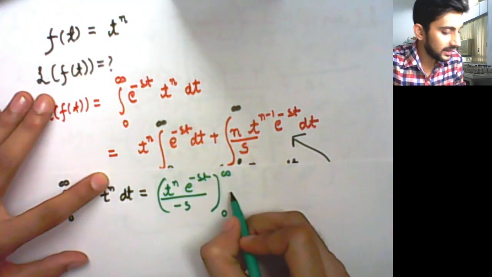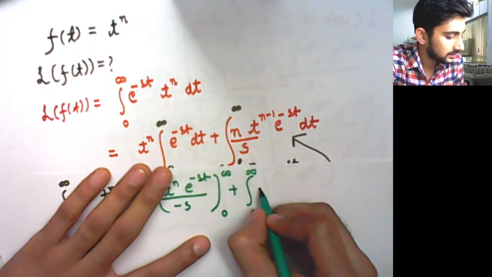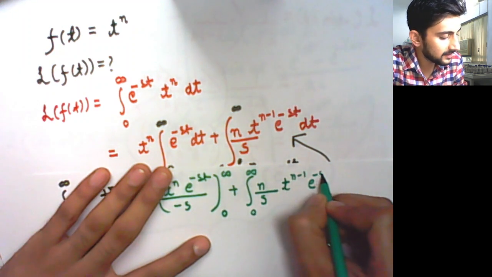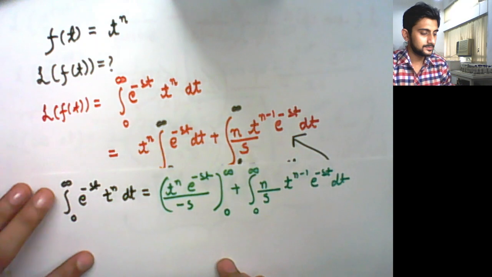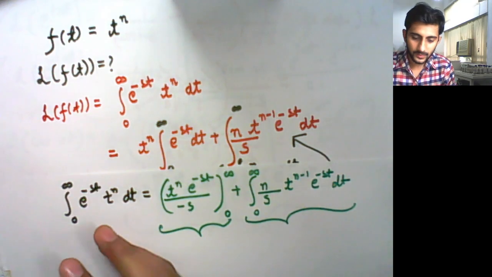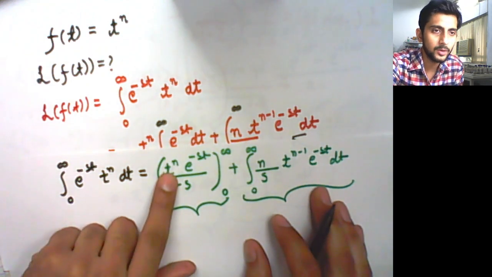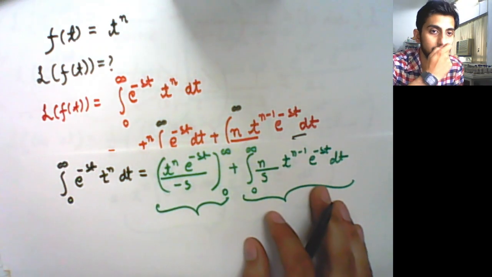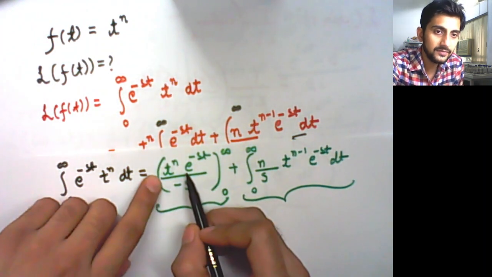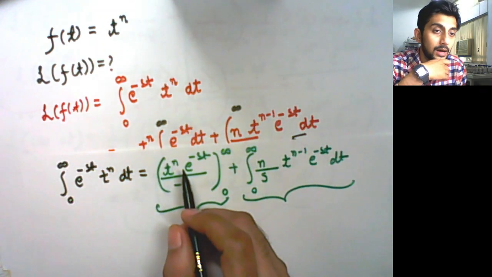Then you have this particular thing, which is from 0 to infinity n upon s t raised to the power n minus 1 e raised to the power minus st dt. So we have two things to solve, what happens to this and what happens to this. Let us first solve what happens at t equals 0. At 0 there is no problem, it will be 0. But what happens at t equals infinity? There is a minus infinity which will take this to 0, and there is an algebraic function here which will take it to infinity. In such conditions you can apply L'Hopital's rule.